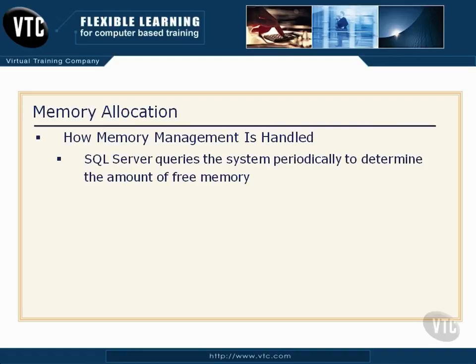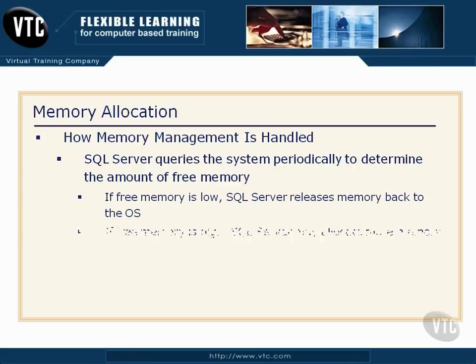SQL Server is running, and it queries the system periodically to determine the amount of free memory that the operating system has. If the free memory is low, in other words, if the operating system looks like it's about to run low on memory, SQL Server will voluntarily release memory back to the operating system.